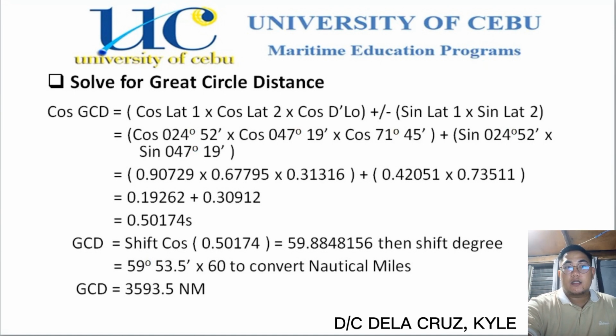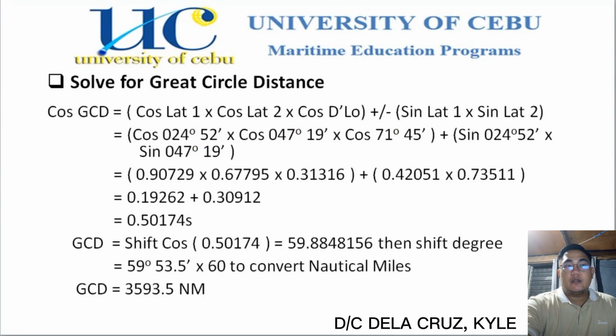Our cos lat 2 is cos 47 degrees and 19 minutes. And cos D-long is 71 degrees and 45 minutes. And also, our sin lat 1, which is sin 24 degrees and 52 minutes, times the sin lat 2, which is sin 47 degrees and 19 minutes.